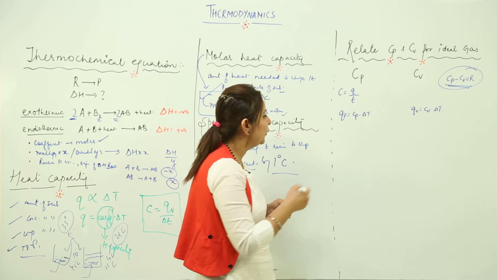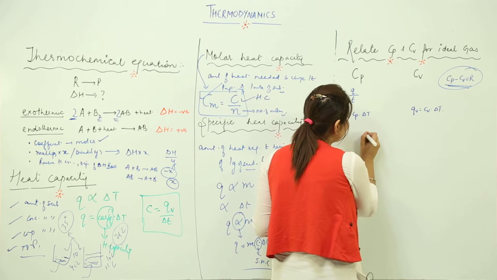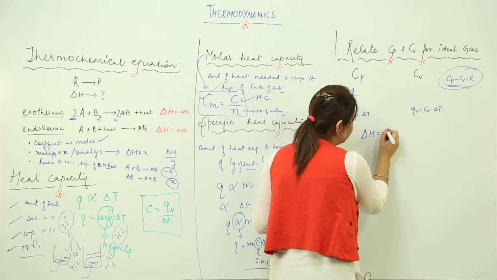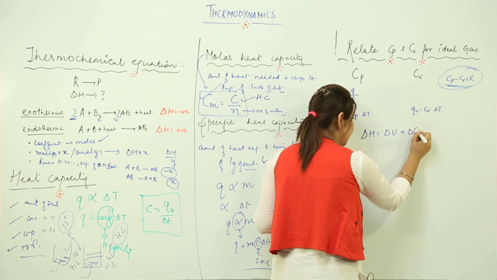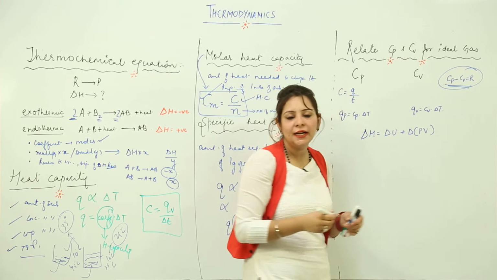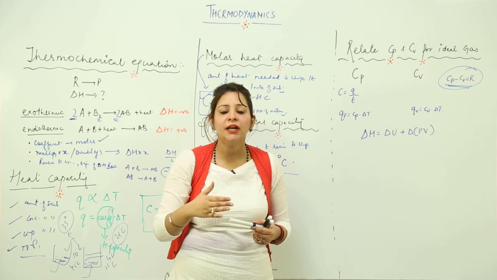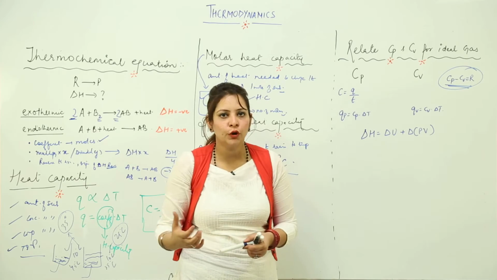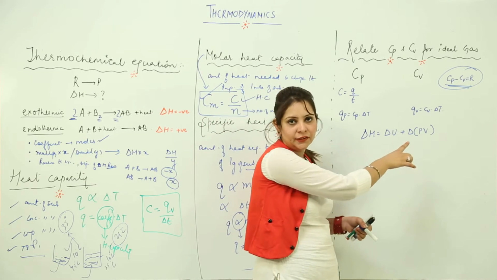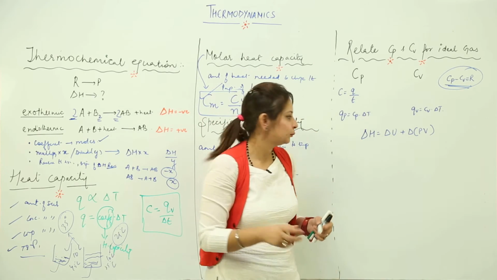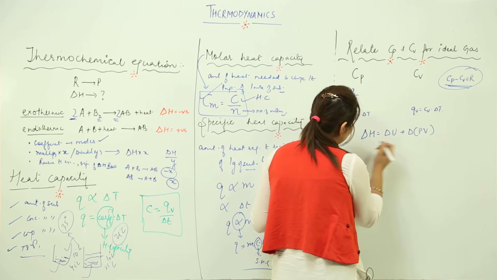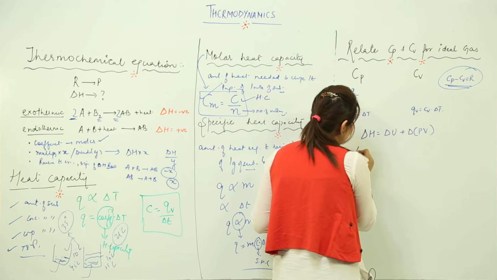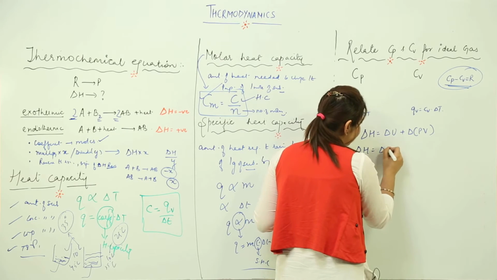So how are we going to do this? Suppose we have delta H is equal to delta U plus delta PV. Here I am not going to put P delta V, because we can change the pressure and even the volume. Likewise, we can have constant pressure or constant volume. That is why I have put delta here, because either term can change.